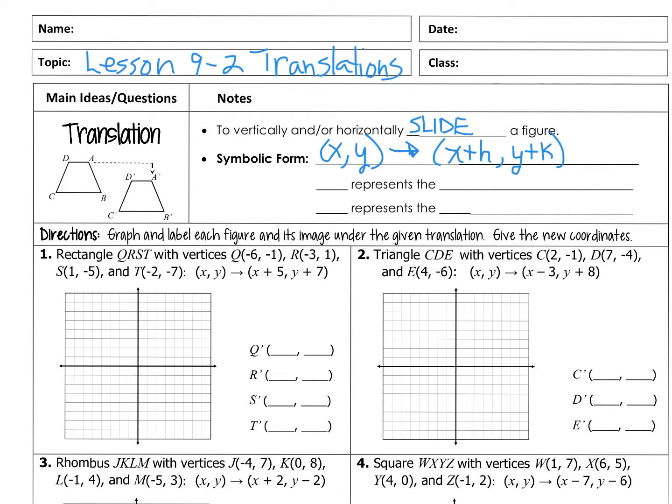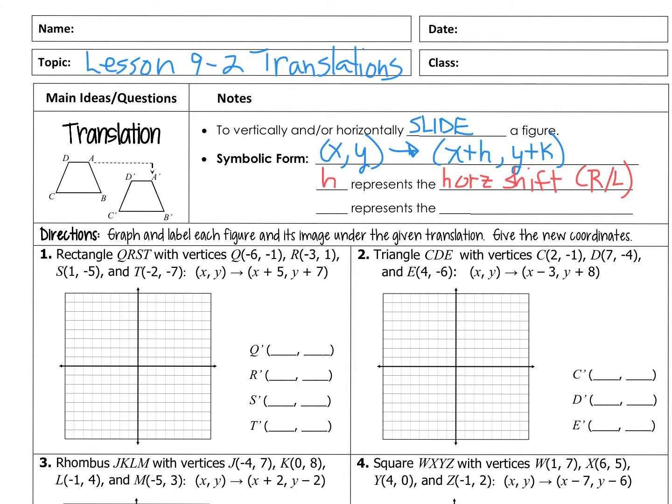So H represents the horizontal shift, which is your right, left movement. So if your H is positive, you're going to move to the right. If your H is negative, you're going to move to the left.